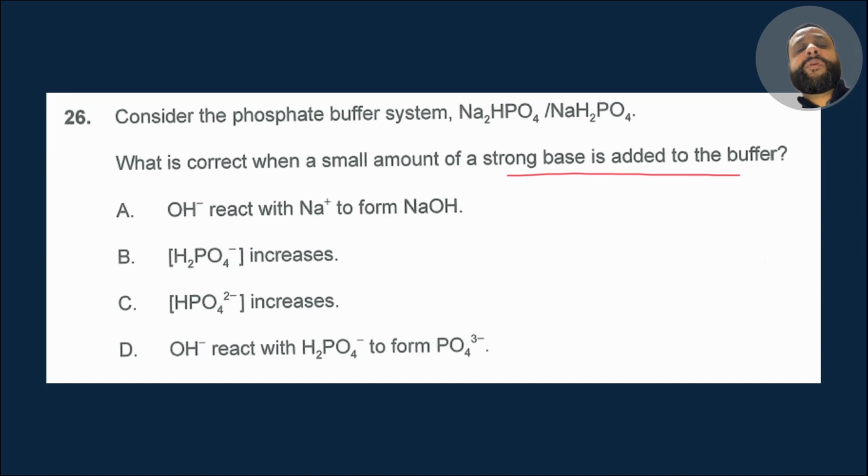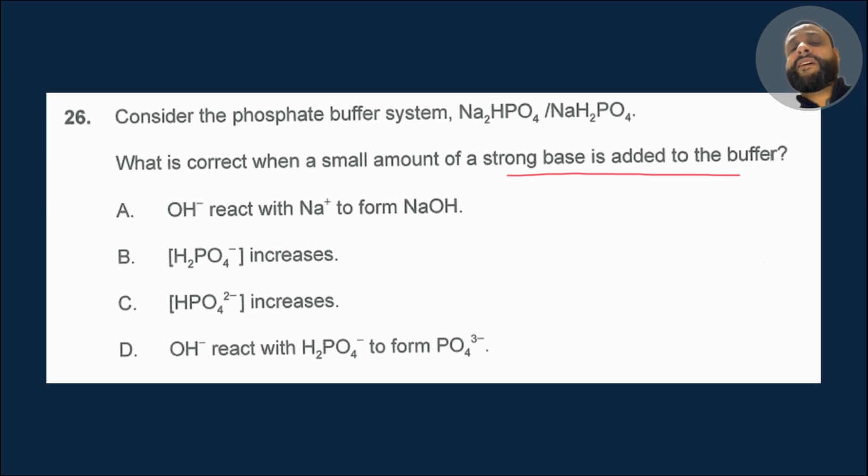And given example is an example of acidic buffer that maintain pH less than 7. Acidic buffer consists of a weak acid and its salt with a strong base, or a weak acid and its conjugate base. So sodium ions here will act as a spectator.